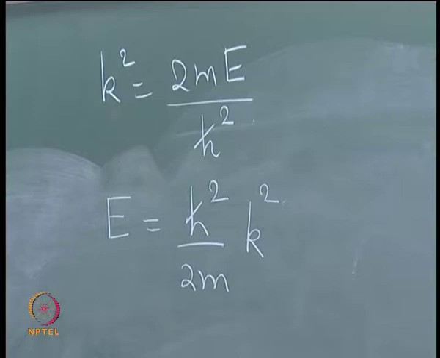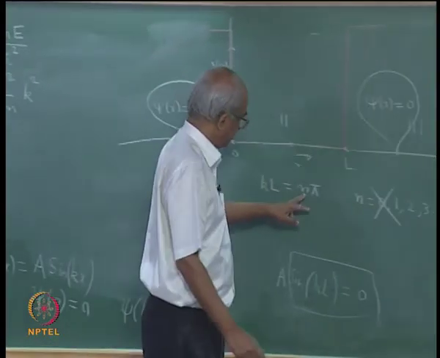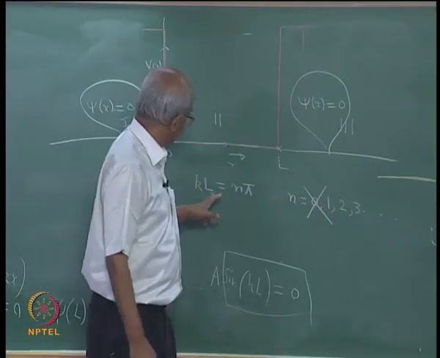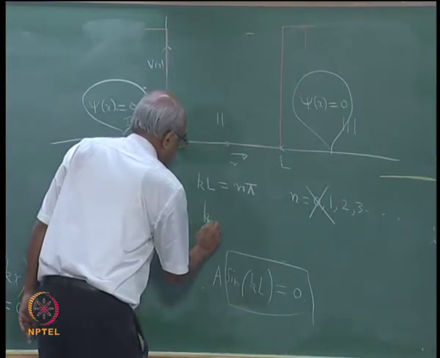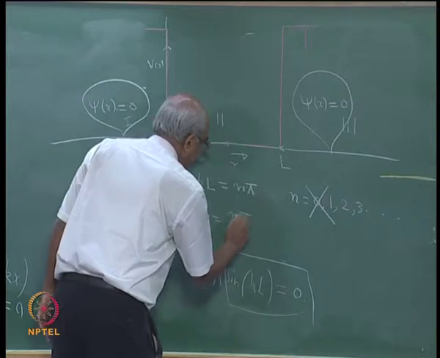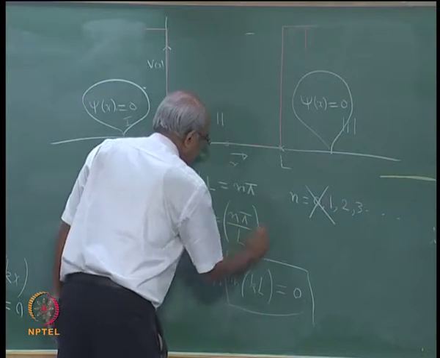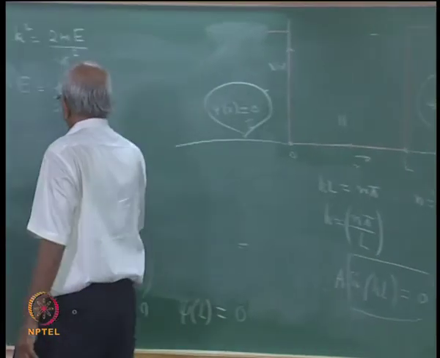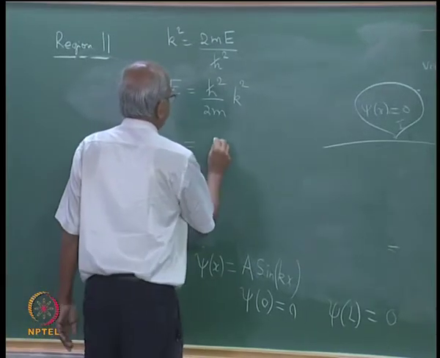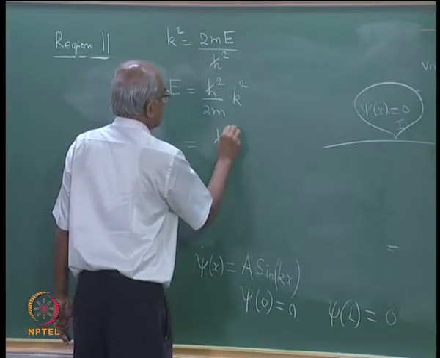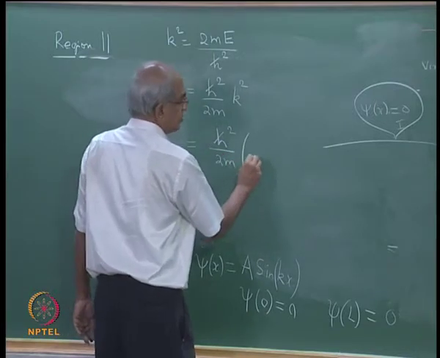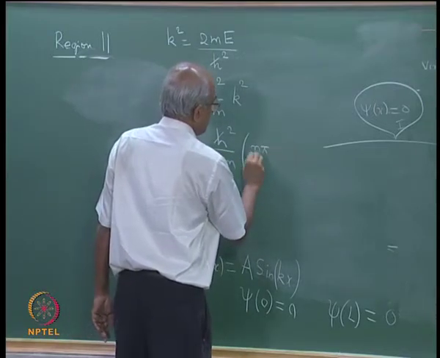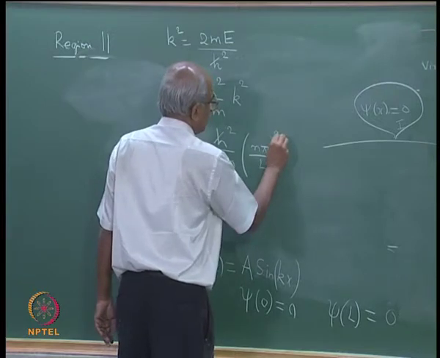But now you find that k is constrained. k has to be equal to n pi divided by L. That means E is equal to h cross square divided by 2m times (n pi by L) the whole square.